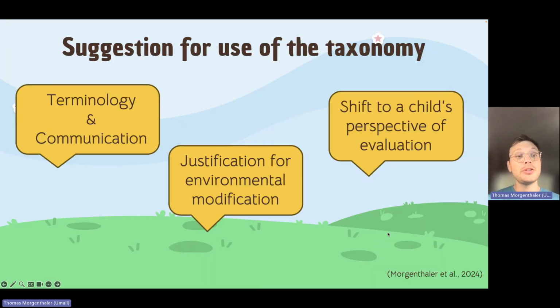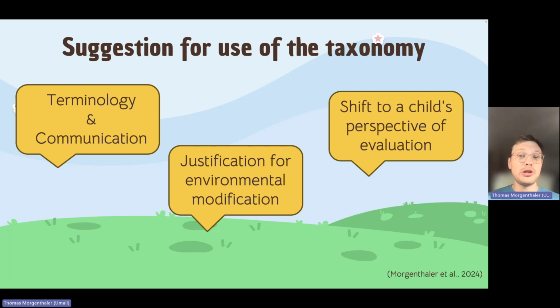We also wanted to introduce to you some suggestions for using this taxonomy in practice. We anticipate that the taxonomy, as it provides us a terminology, allows active communication in an interdisciplinary field.